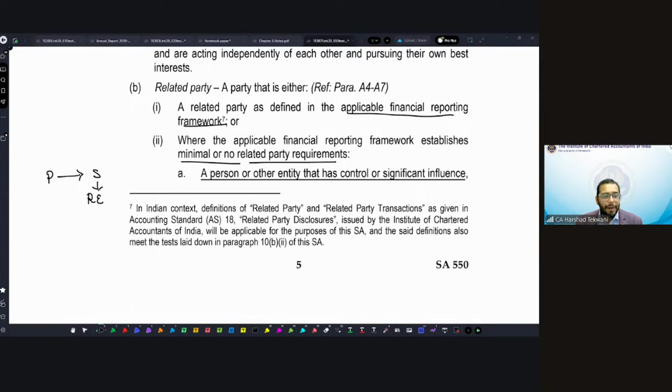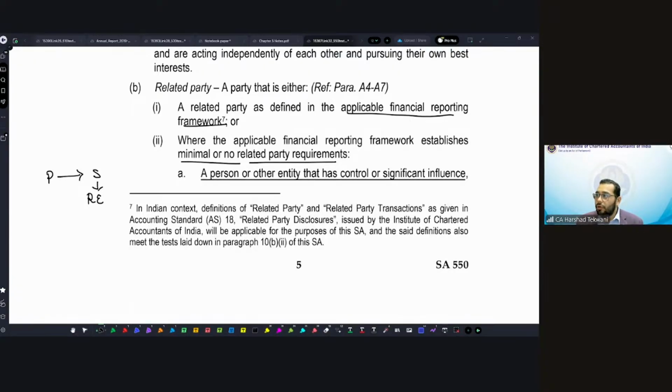So if you have a related party transaction, it doesn't mean it's directly a misstatement. But having a related party transaction gives you a certain kind of risk in the financial statements that you need to evaluate, whether there is a fraud risk or not, whether the financial statements achieve true and fair presentation or not.